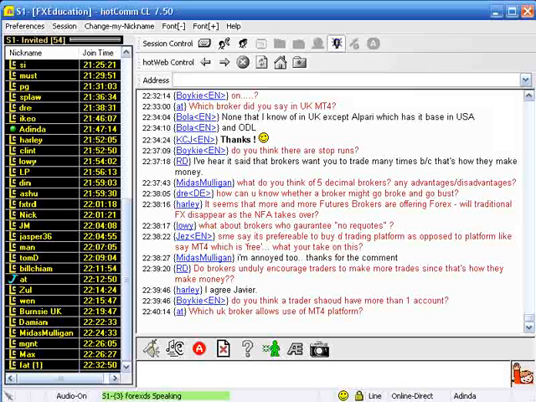Do brokers unduly encourage traders to make more trades, since that's how they make money? That's a good question, and yes, typically they will and they should encourage traders to trade more because that's how they make money.